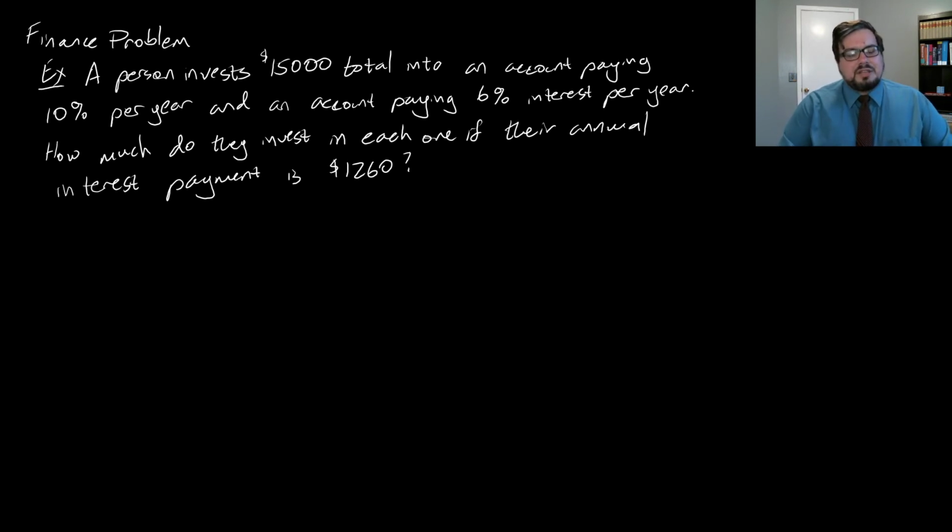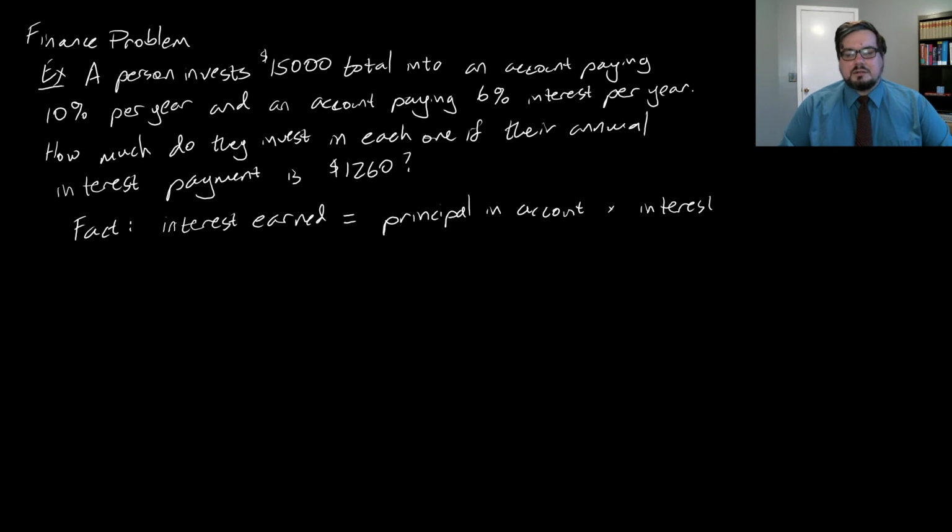And so for this, we want to use the following fact. We're going to need to bring in this fact from finance that the problem doesn't directly tell us. The interest earned in an account is equal to the principal in the account times the interest rate.